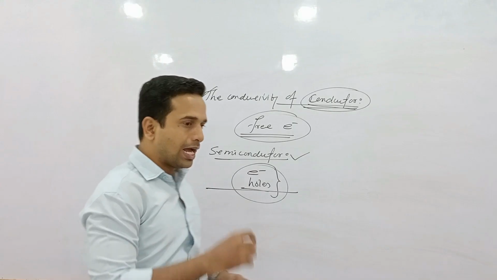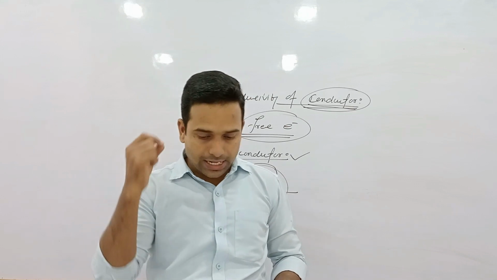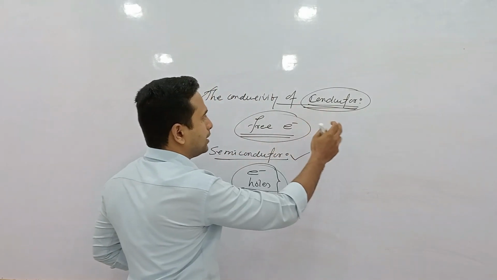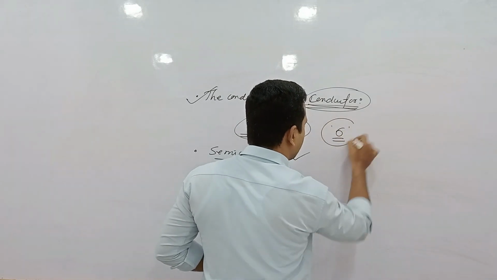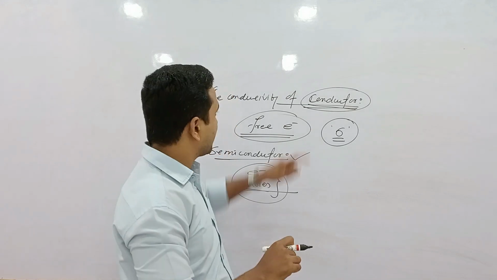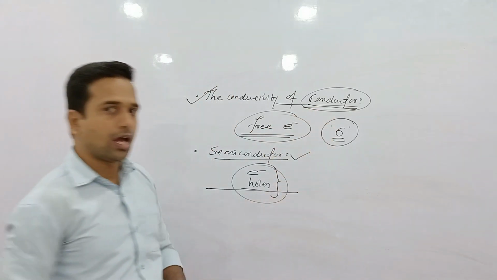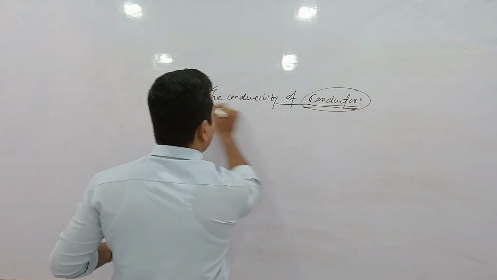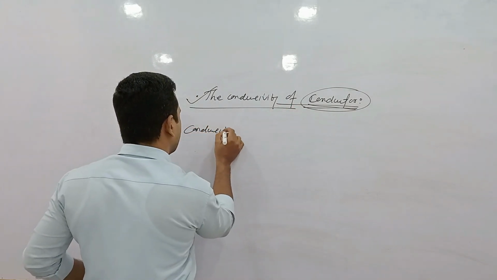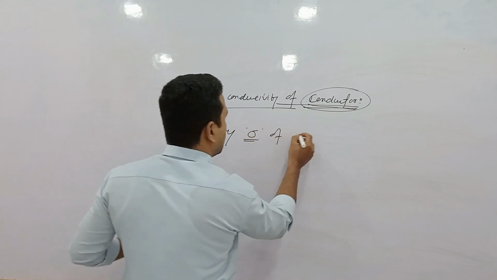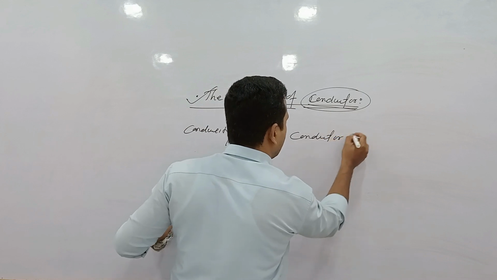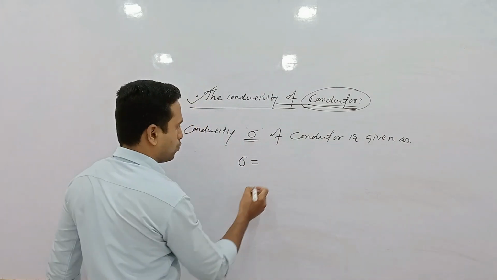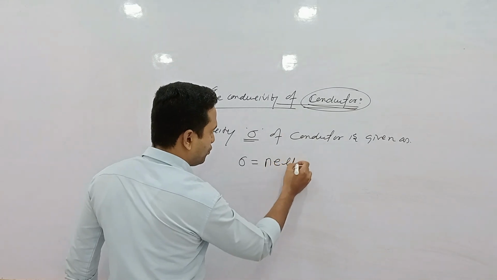यहाँ तक डन. Now according to the free electron theory, the conductivity of conductor, sigma, conductivity is indicated by the sigma, and the conductivity sigma of the conductor is given as sigma equals n e mu e.